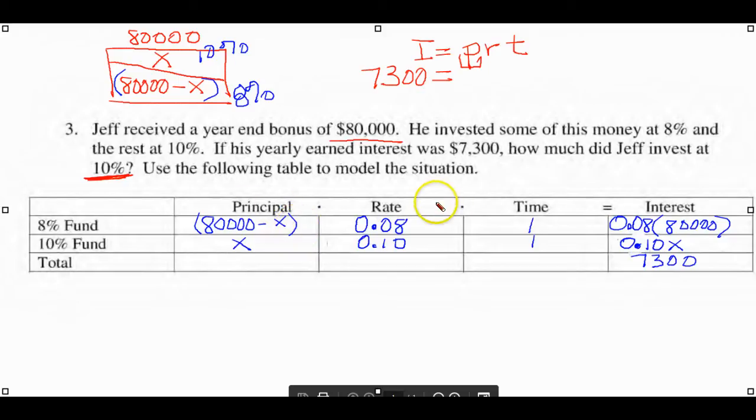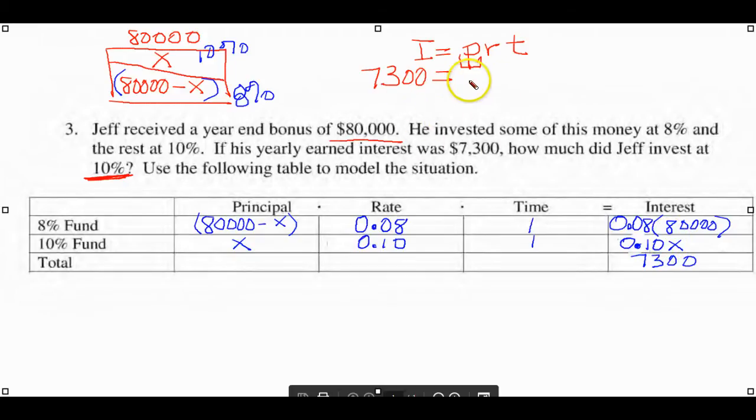And now we're ready to set up our equation, because it's principal times rate times time. Principal times rate times time is this, and that's going to be part of it. Then another part would be this, principal times rate times time is this, and eventually it's going to equal that.